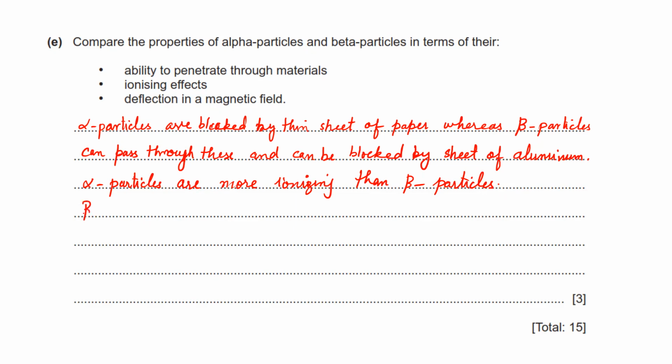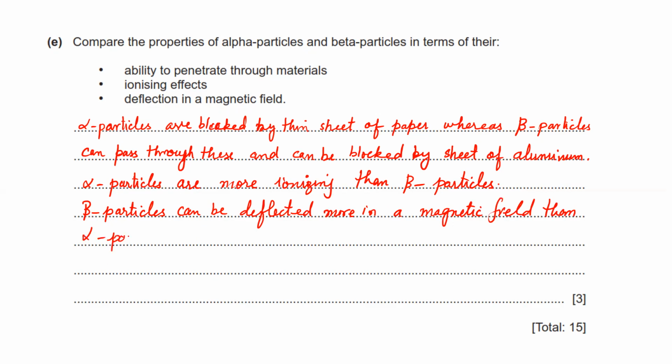Beta particles can be deflected more in a magnetic field than alpha particles.